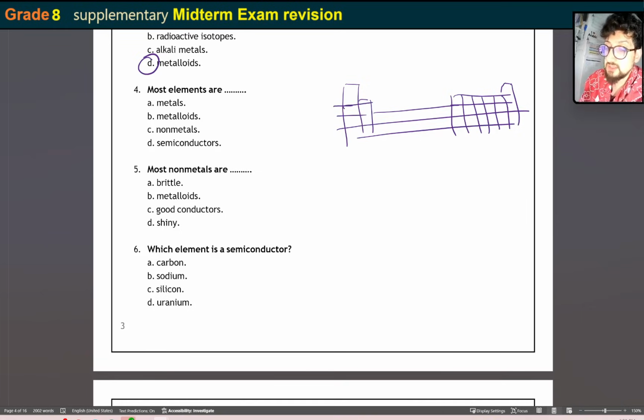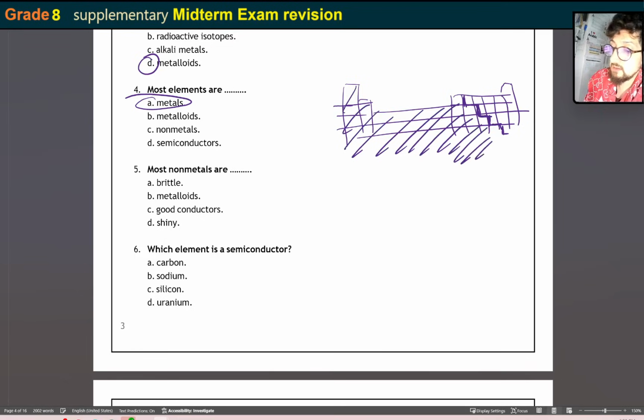So if we're talking about the periodic table, most elements are metals. Everything here is metals. But on Earth, and in the universe, there are more non-metals in amounts than metals. I hope that makes sense.